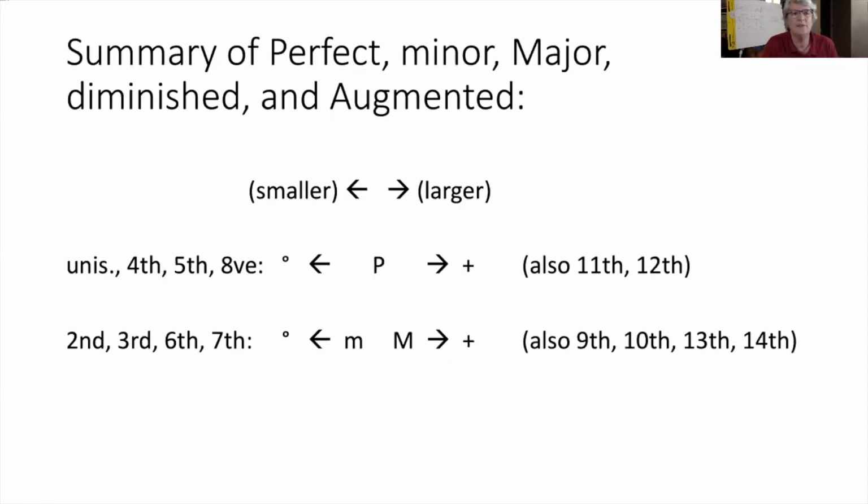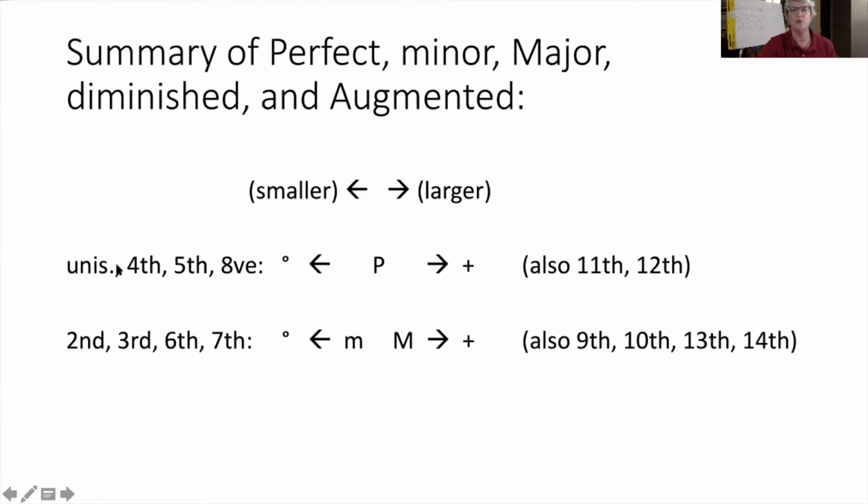This diagram gives you a summary of the qualities: perfect, minor, major, diminished, and augmented. Over here on the left side, as we go farther to the left, the intervals are getting smaller. And over here on the right side, as we go to the right, the intervals are getting larger. Each of these lines represents one of the categories or families of intervals that I've been talking about.